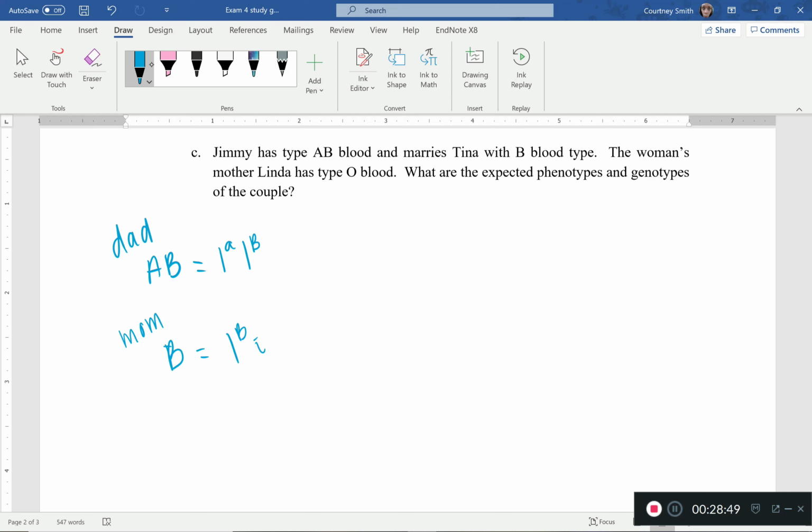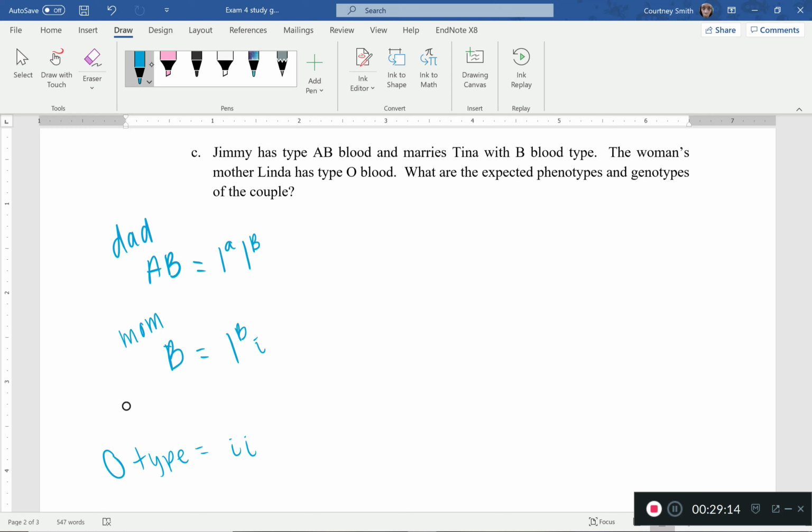The reason why she has a little i is because her mother is type O. And whenever you have someone who is type O, their genotype is automatically little i rather than capital I's. So since that's her mom, that means automatically she got one of the little i's.